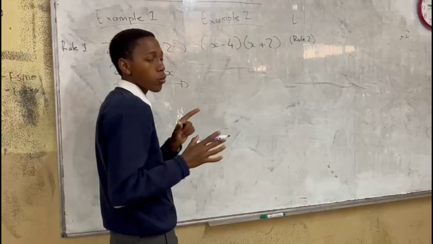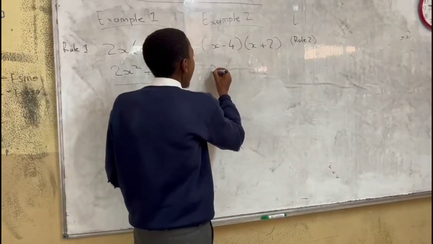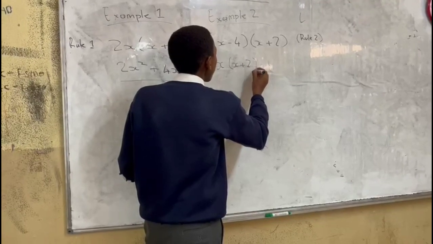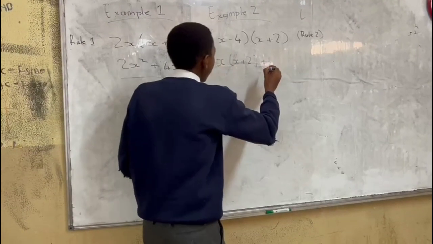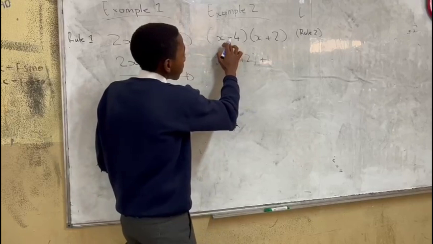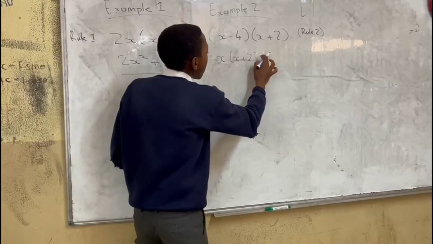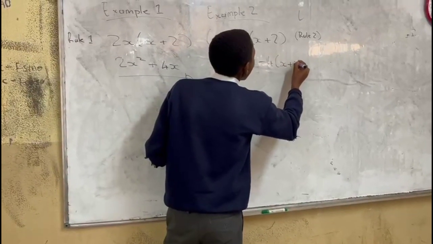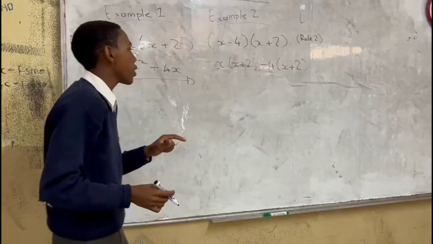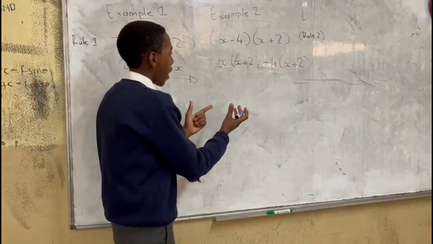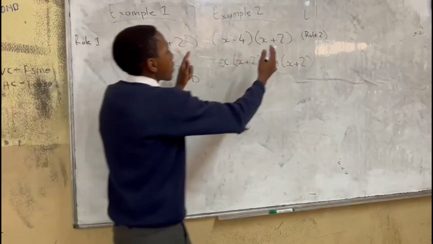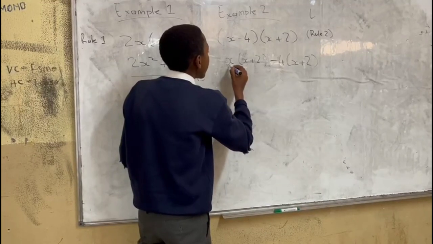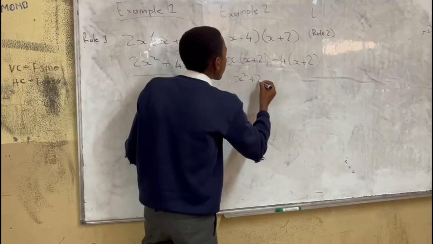You remember rule number 2, which is x(x + 2), because it's a minus, I made a mistake, I'm going to say minus 4(x + 2). So what we're going to do, we're going to simplify. Same thing that we did here, but we're doing it in rule number 2. This times this gives us x to the power 2. This times this gives us positive 2x.